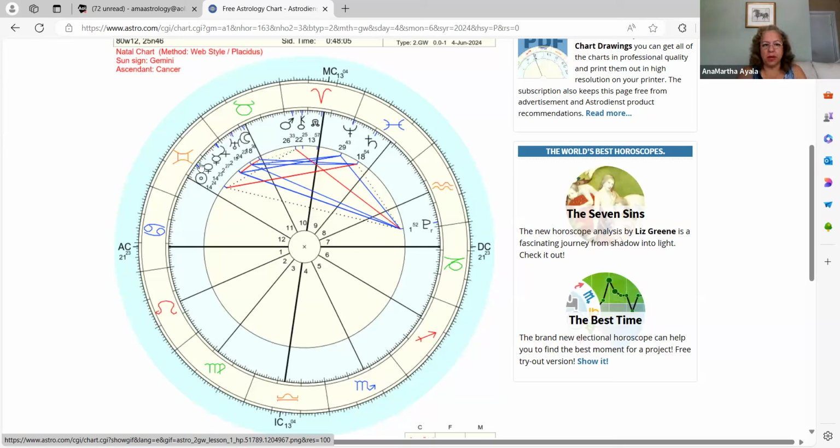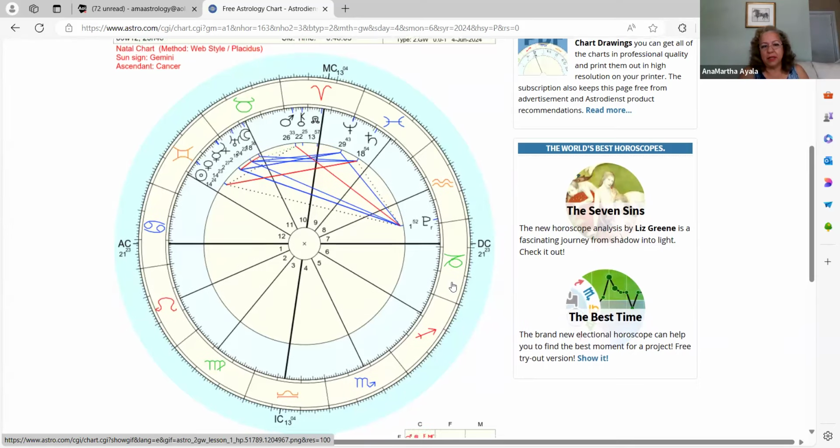Mutable signs are Gemini, Virgo, Sagittarius, and Pisces. These signs are more flexible and easier to handle, but it's also hard for them to make decisions sometimes. They have to think it over and over and over again, okay?